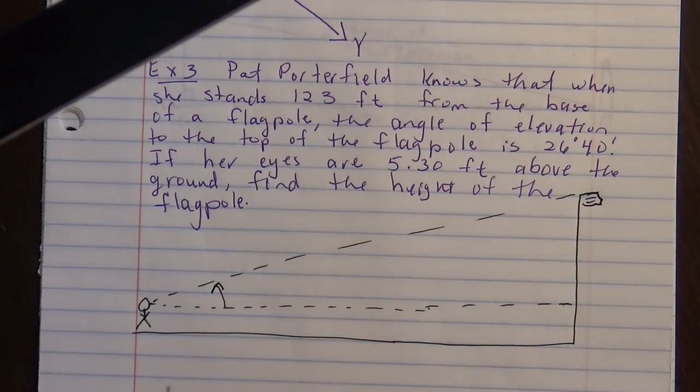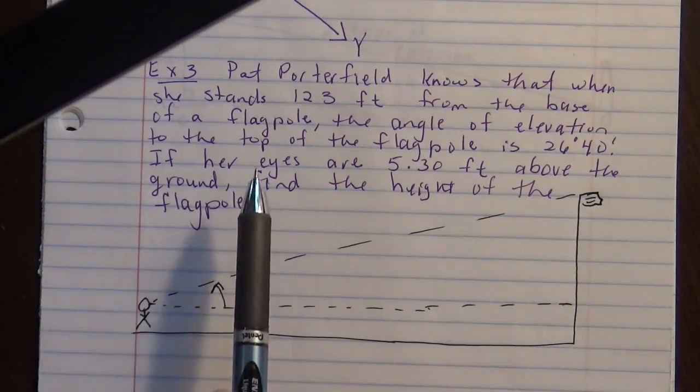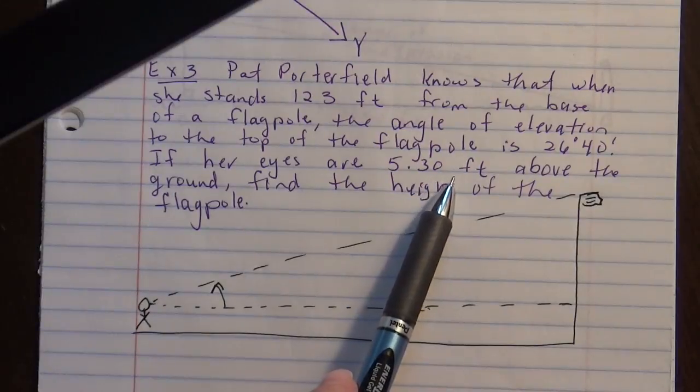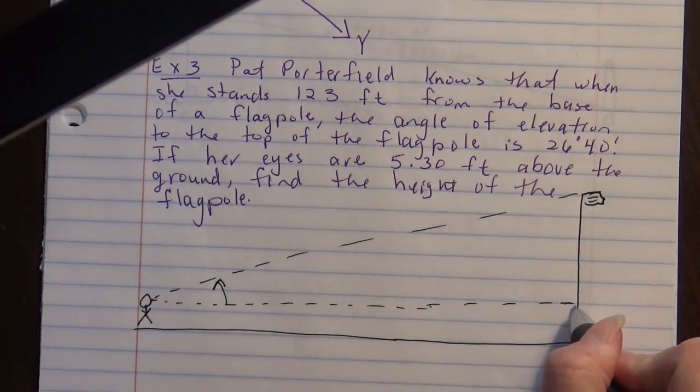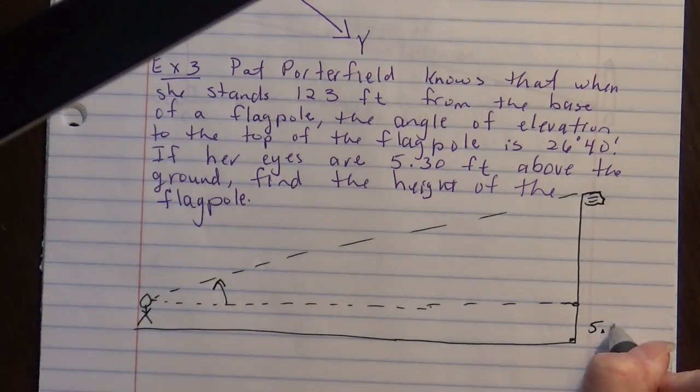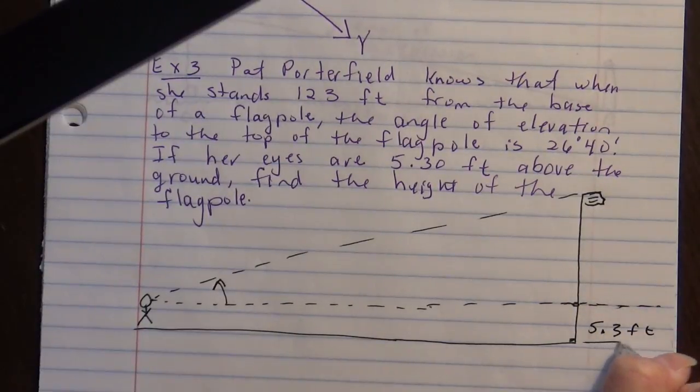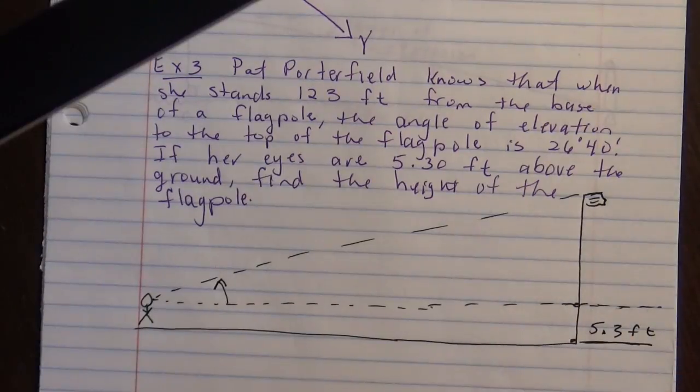Now, what do they tell us about this? Her eyes are 5.3 feet above the ground, so that means the distance from here to here is 5.3 feet. That's the ground, and that's how tall she is.